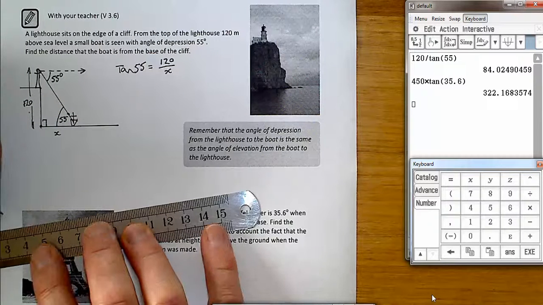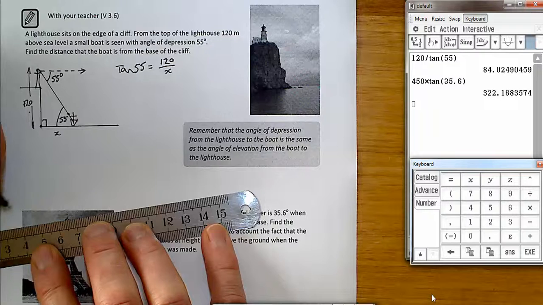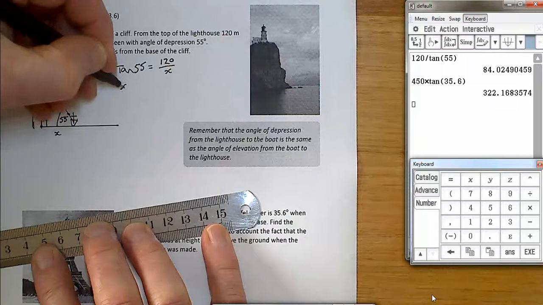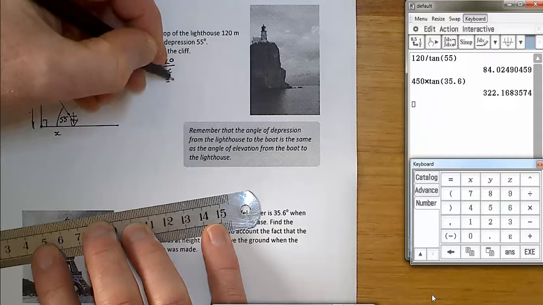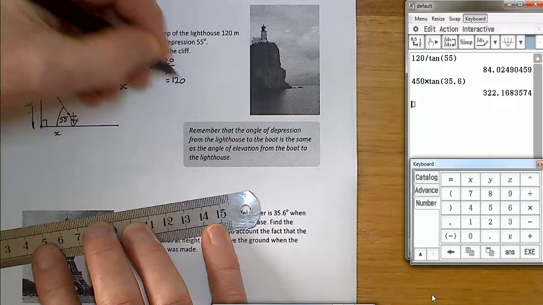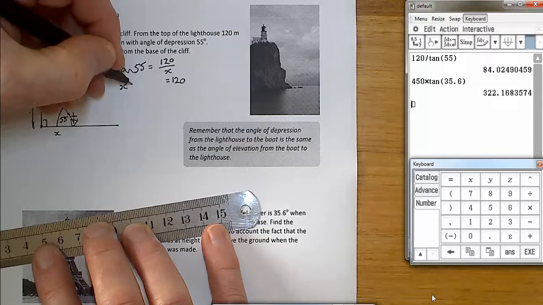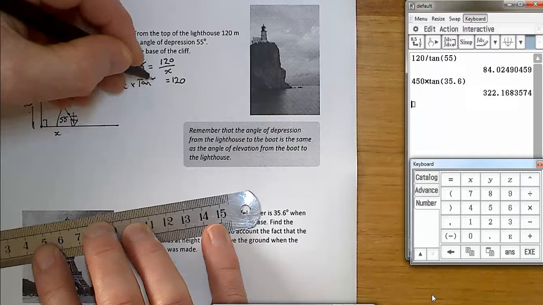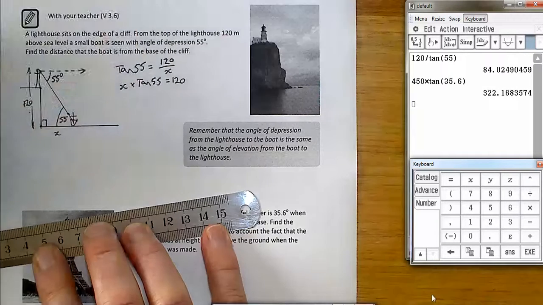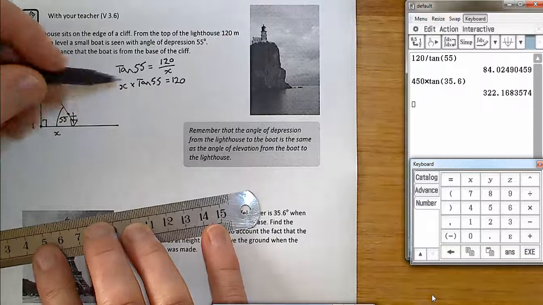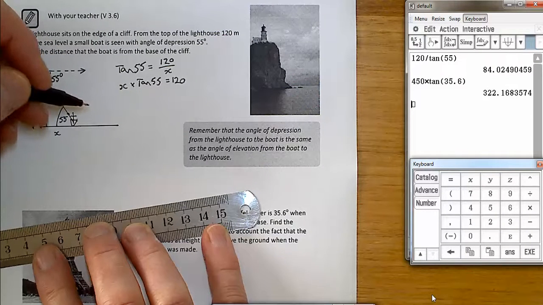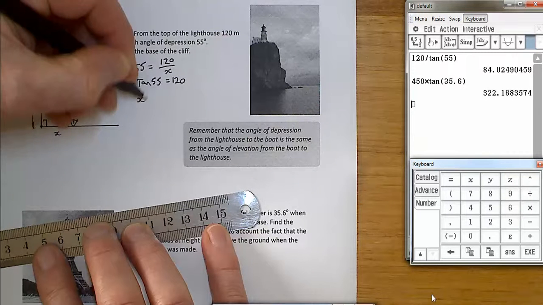Now if I multiply both sides by x, I'm going to get rid of the x on this side over here, but it's going to turn up over here. x times the tan of 55 equals 120. I want to get x by itself, so if I now divide both sides by the tan of 55, that will get rid of that tan 55.